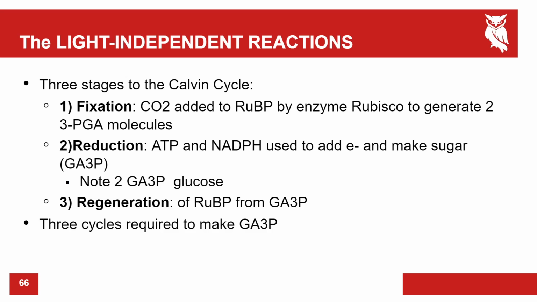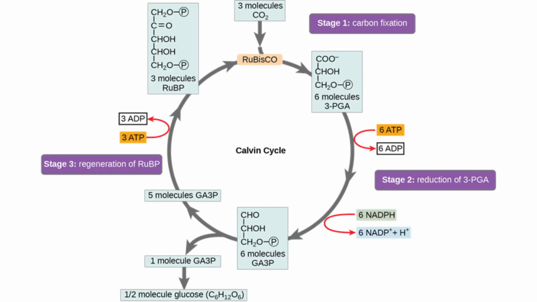So how many cycles do you need to make 1 glucose? 6, yeah. Every cycle adds 1 CO2. All right, this is what it looks like. You need to know Rubisco. You need to know that CO2 comes in and this GA3P comes out. 2 GA3Ps make a glucose. And you need to know that RuBP is regenerated. So you need to know the main stages.